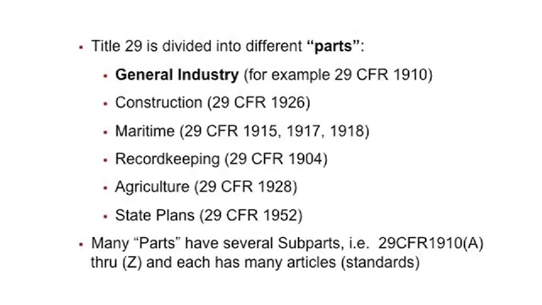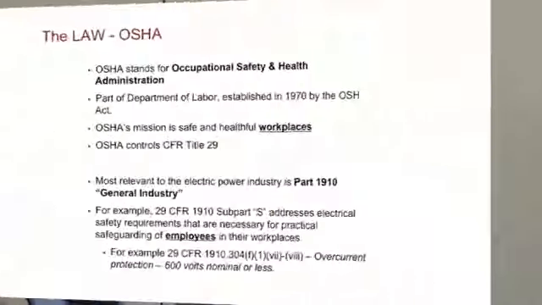Each of these subparts also has many articles within it, so there's another subdivision. When you look at some pieces of legislation, you will see something like 29 CFR 1910 subpart A, article 310-5-7-27. It's a very long thing to decipher, but that's how these documents are structured.